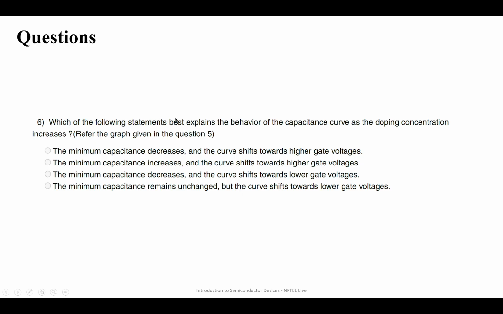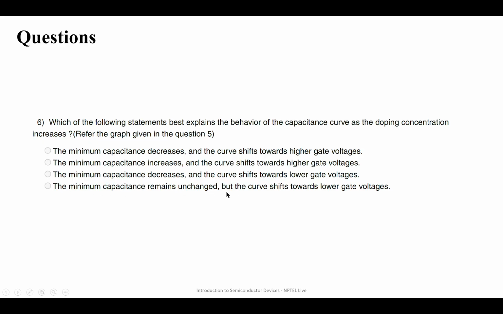Which of the following statements best explains the behavior of the capacitance curve as the doping concentration increases? This is with respect to the same graph as previous. The minimum capacitance decreases and the curve shifts towards higher gate voltages. The minimum capacitance increases and the curve shifts towards higher gate voltages. The minimum capacitance decreases and the curve shifts towards lower gate voltages.